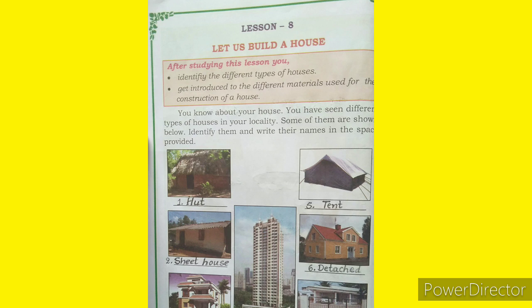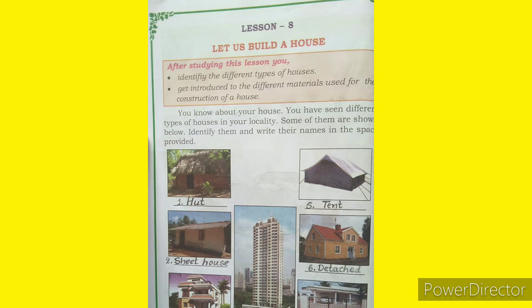Isn't it? Yes. A house is one of the basic necessities of our life. We have seen different types of houses and all are different from one another, right? So, in this lesson, we will learn about different types of houses.